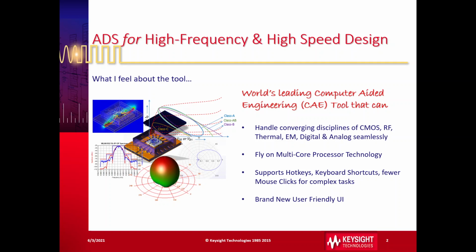Earlier, it used to run on a single core or two cores. Now it can run on multiple cores, so speed is enhanced. A lot of research has gone into the GUI, reducing the number of clicks and so on.